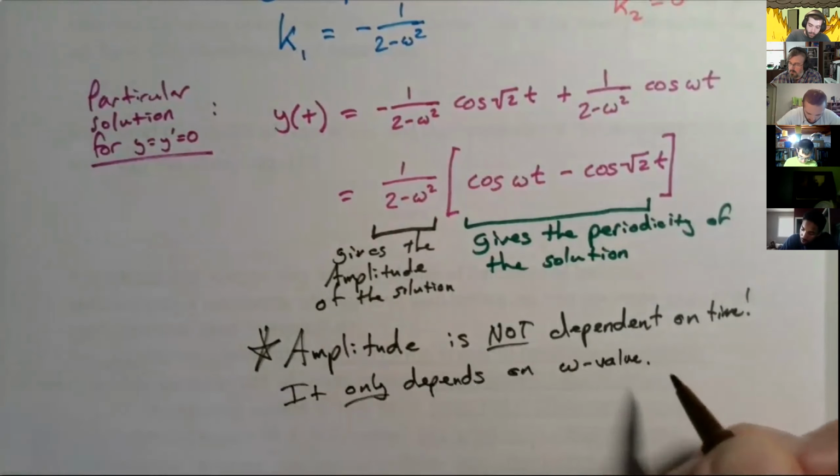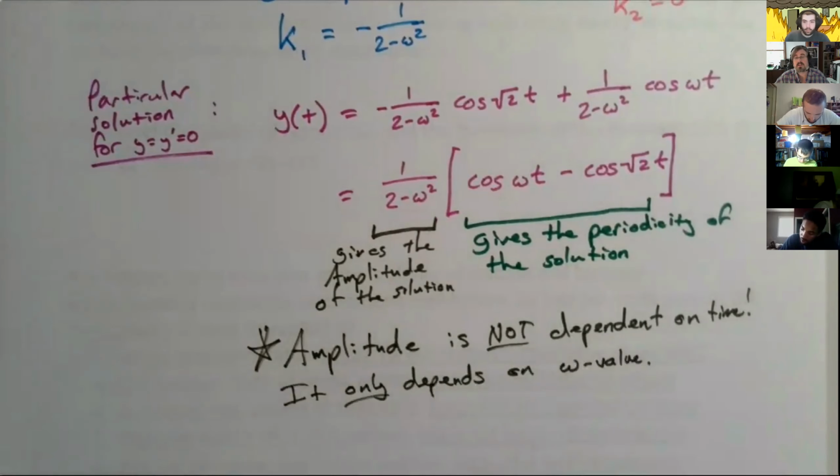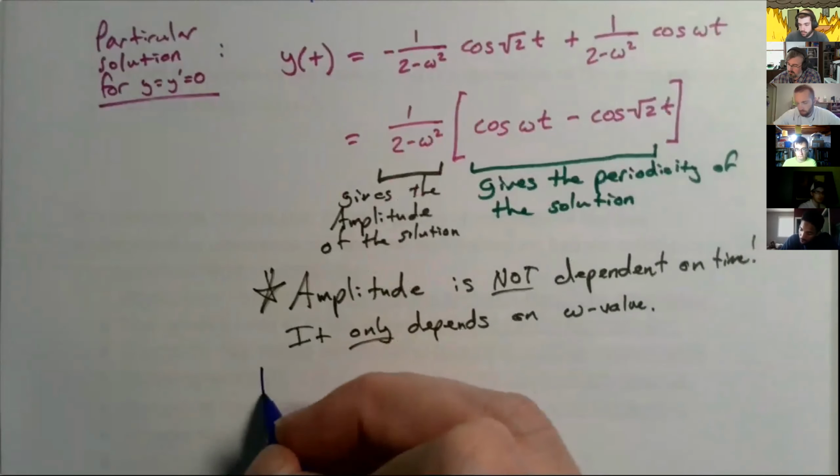And just a reminder, the omega value is basically the frequency of your forcing function. So how much amplitude of oscillation there is in your solution depends completely on what you tuned your forcing function to. The other thing that's worth noting is the beat frequency.